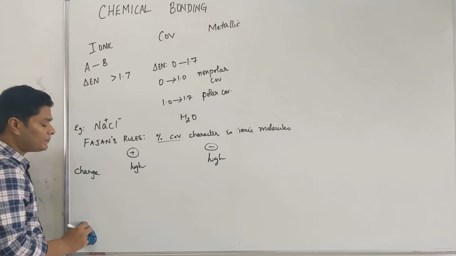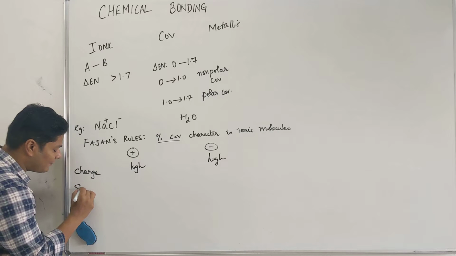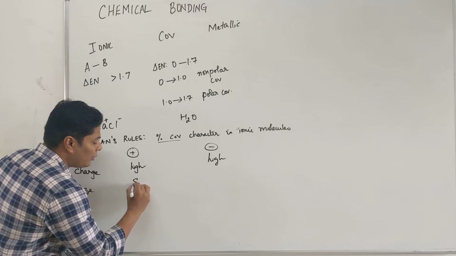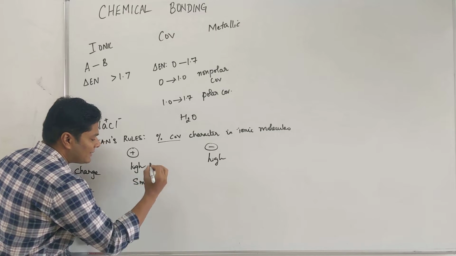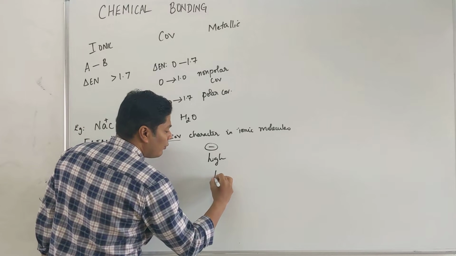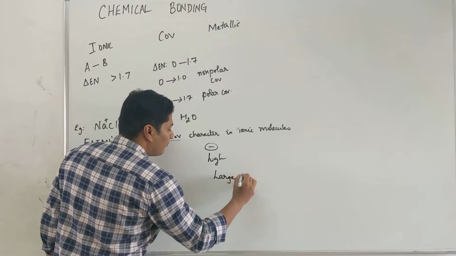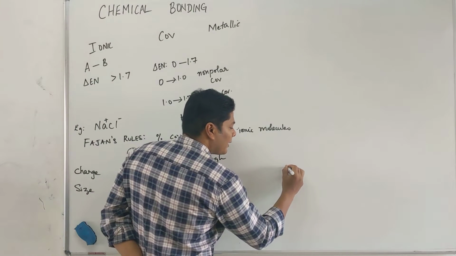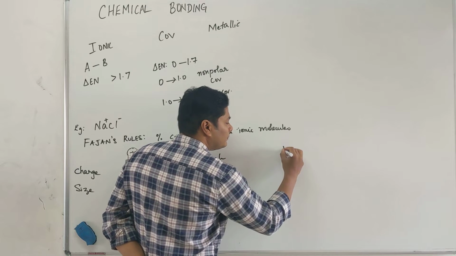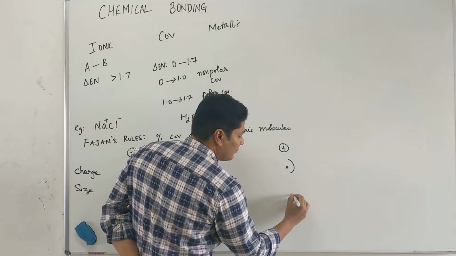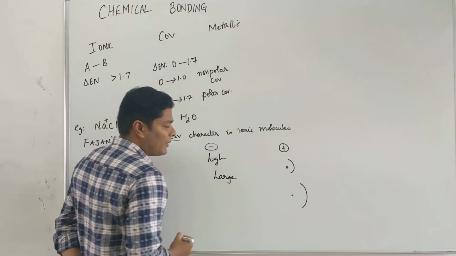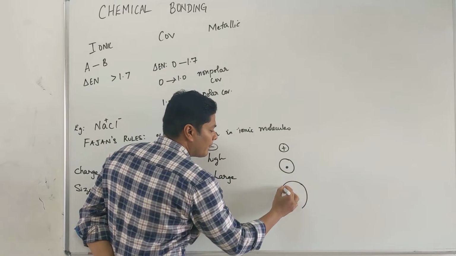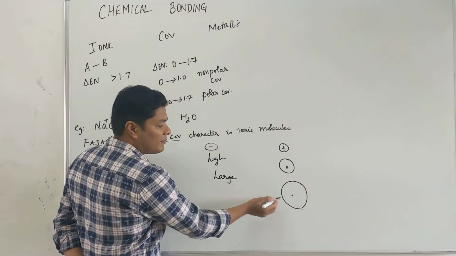Okay. Then size. When it comes to a cation, you want a smaller size. When it comes to an anion, we want a large size. Let's put it this way. Let's say this is a cation compared to another cation. One of them is smaller in size, one of them is larger in size.